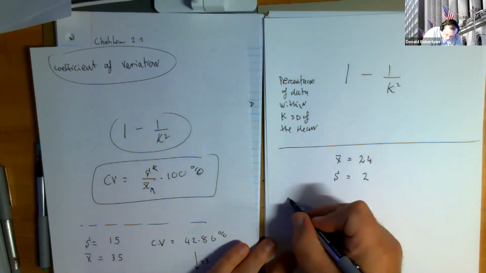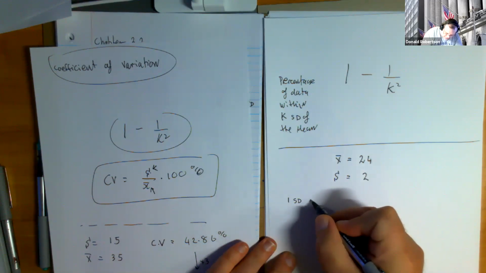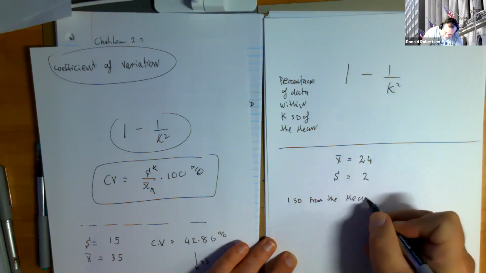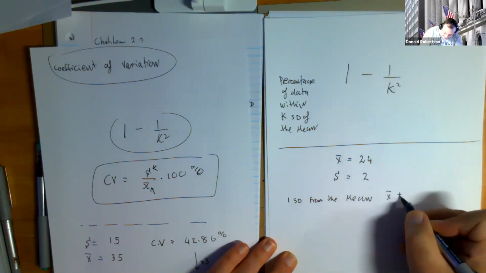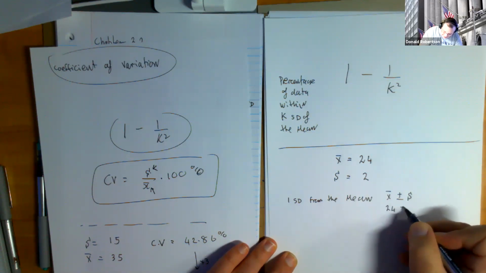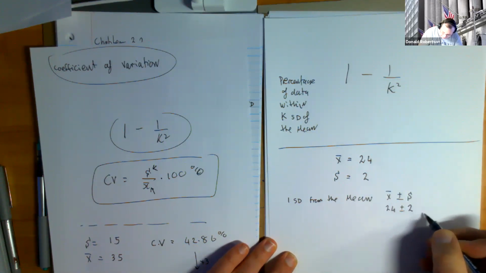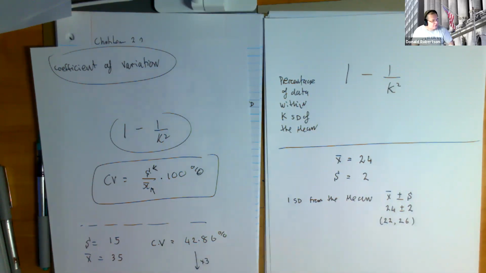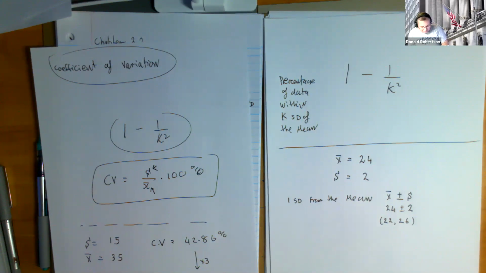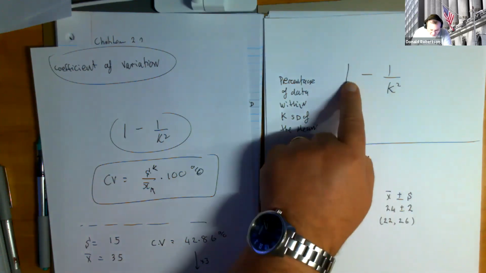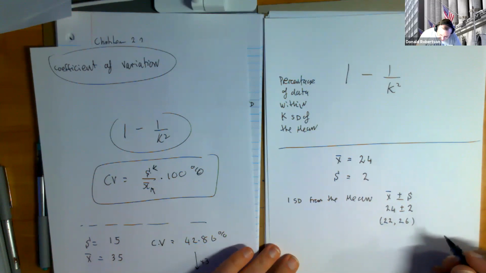So let's do 1 standard deviation from the mean. Well, that means x bar, add or subtract 1 standard deviation. That's 24, give or take 2, so that'll be 22 to 26. So I'm now going to tell you what percentage of OC students, roughly, are going to be in that age range.